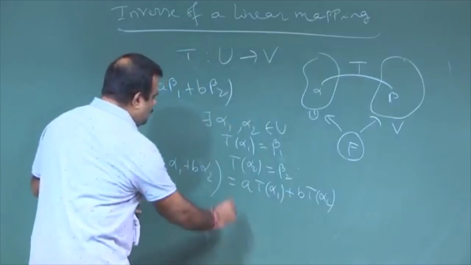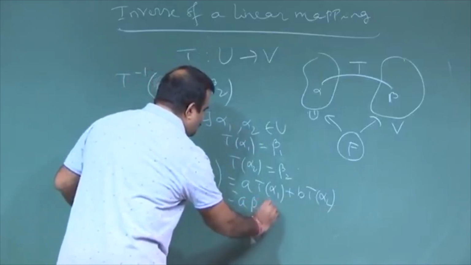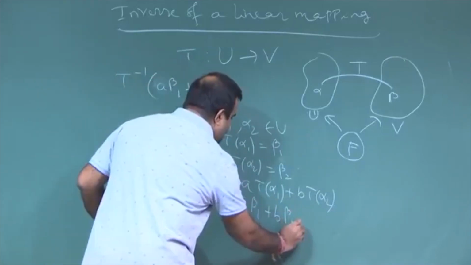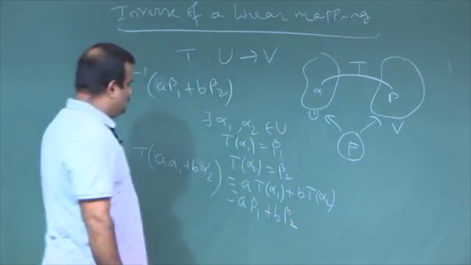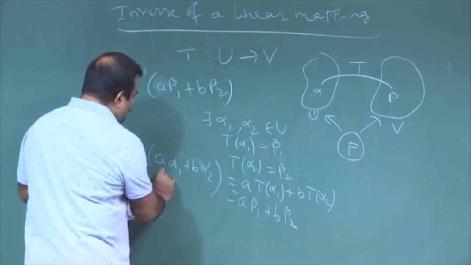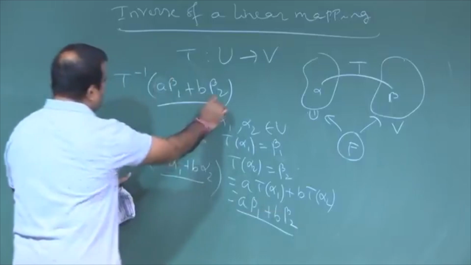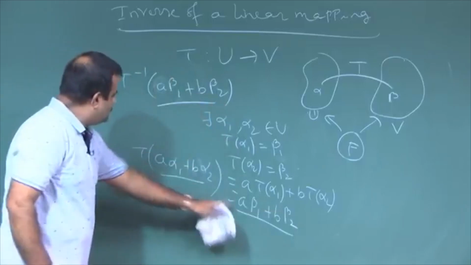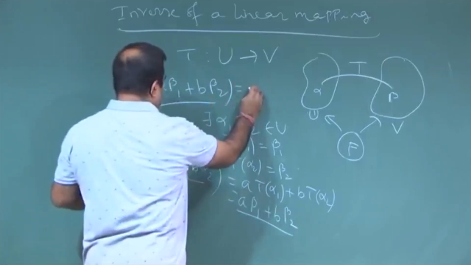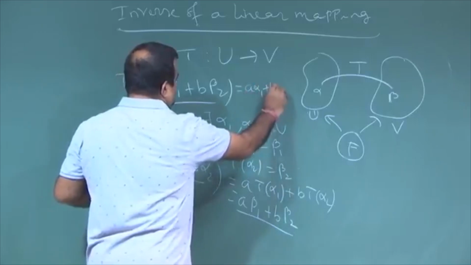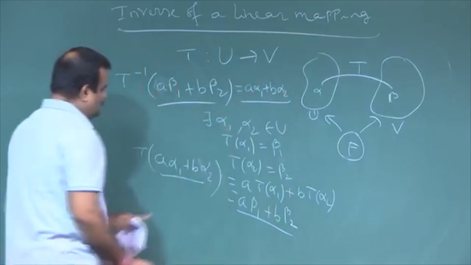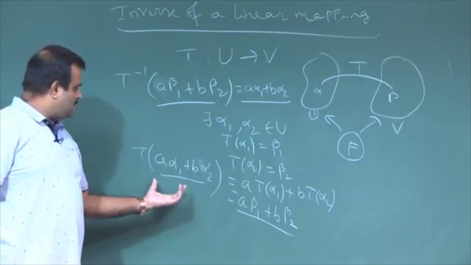Now, A T alpha 1 plus B T alpha 2 is basically A beta 1 plus B beta 2. So, T of this is this. That means T inverse of A beta 1 plus B beta 2 is basically A alpha 1 plus B alpha 2.